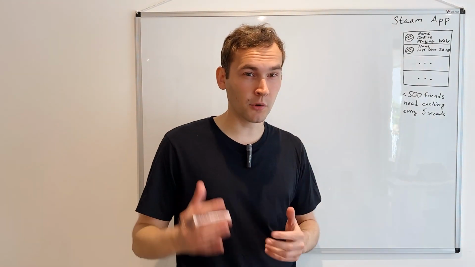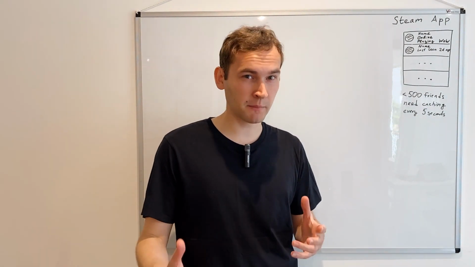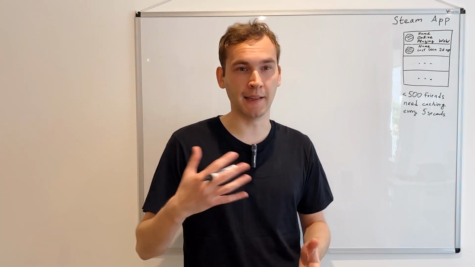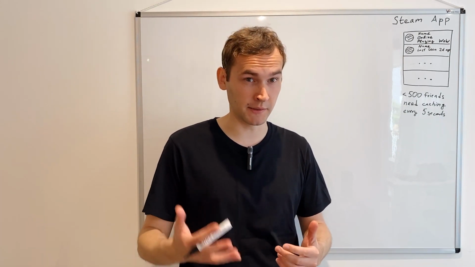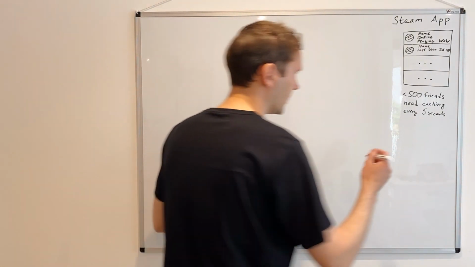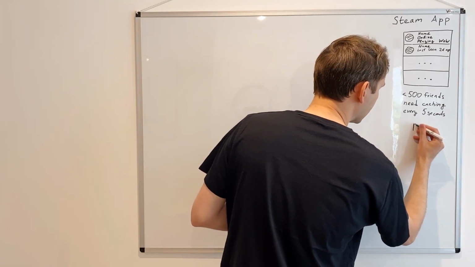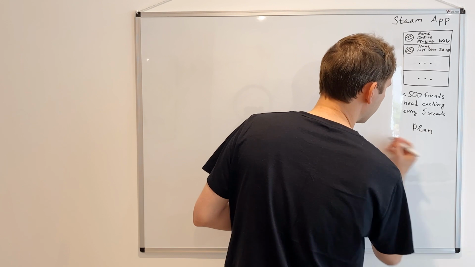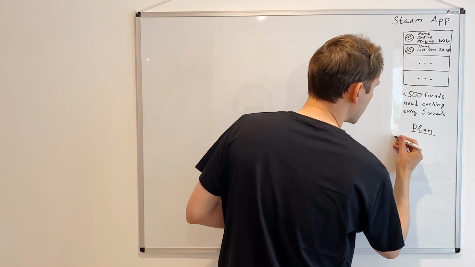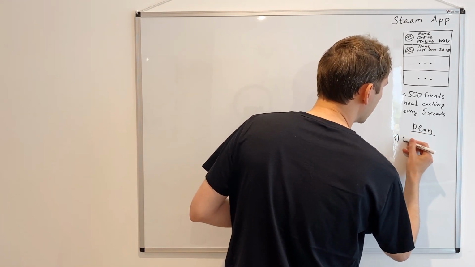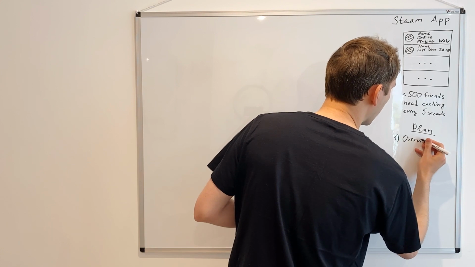Awesome. Before diving deeper into the problem, it would be wise to create a list of things that we want to look into. Let's do it. Okay, so the first thing that I will call a plan. Let's write here, plan. So first thing that we want to talk about is the overview of the problem.